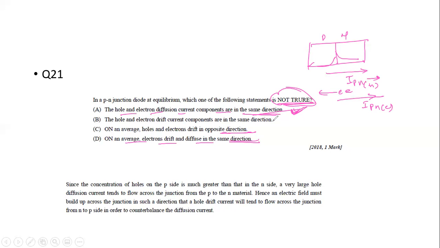So which one is not true? The previous one is also true. On an average, holes and electrons drift in opposite directions. On an average, electrons drift and diffuse in the same direction. This is not correct. So option D is the right option. Electrons drift and diffuse not in the same direction; it will be in opposite directions.